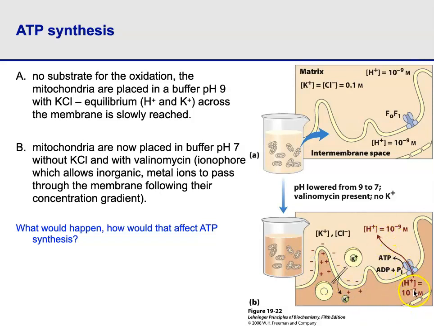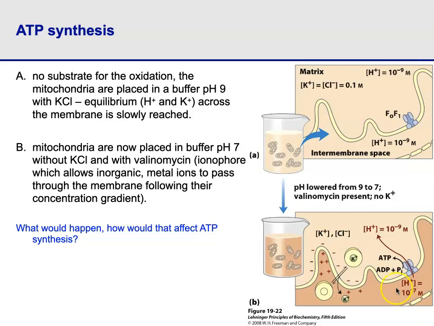Because of that concentration difference between outside the matrix and inside the matrix, protons will be allowed to flow through ATP synthase, synthesizing ATP. To help this process, the ionophores will continue to move potassium, since there's no electron transport here, at least we haven't stimulated it. The ionophores will start removing potassium, which is positive, from the matrix outside. That will make it even easier for the protons to flow in, because remember again, what is the driving force?